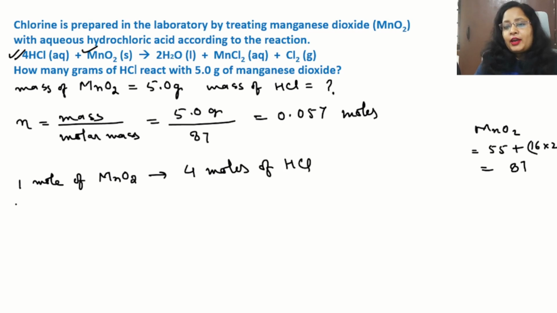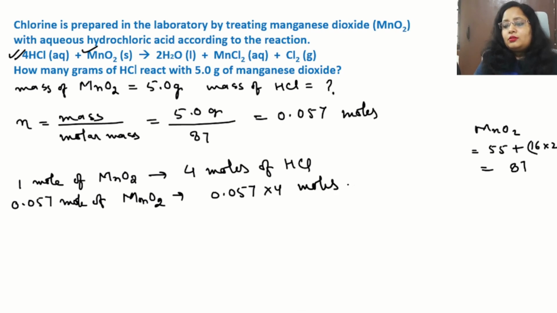So if we have 0.057 moles of MnO2, that will react with 0.057 into 4 moles of HCl. So from here we will calculate the number of moles of HCl, and that we find it 0.228 moles of HCl.